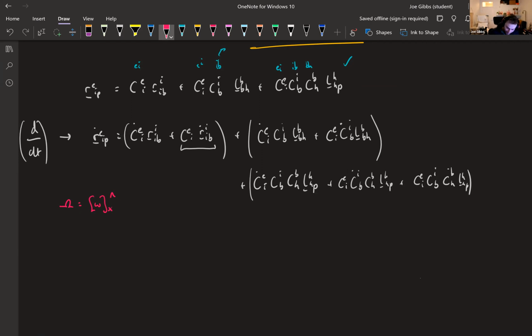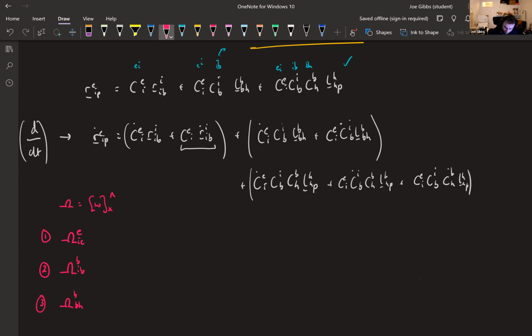So we have 3 angular velocities. This is our first one. Second one being the gyroscope measurements, what a traditional strap down system will measure. And then our third being the angular velocity of the hub with respect to the body.